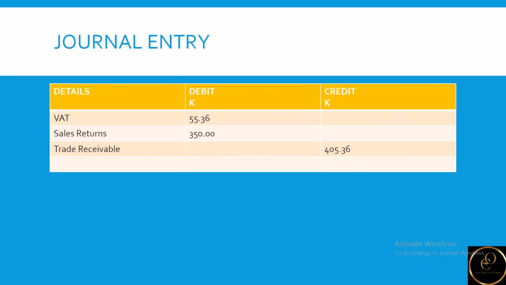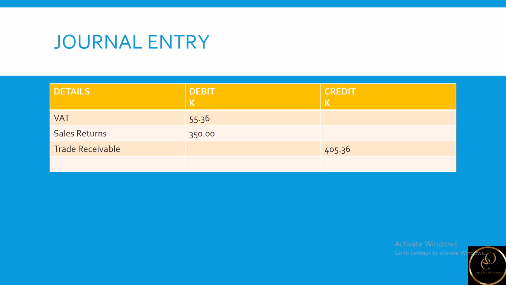So how do we make the journal entries? The journal, as before, shows which account to be credited and which account to be debited. In this particular case, trade receivables have to be credited by a total of 405 kwacha 36 ngwee.